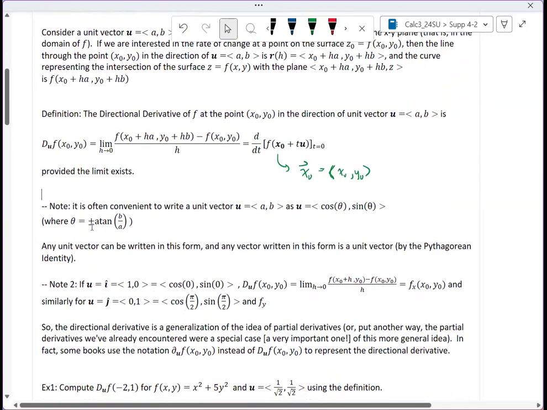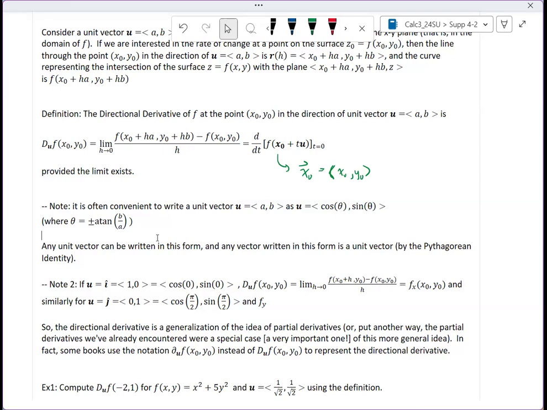Okay, a couple notes on this. First, it's often convenient to write a general unit vector, u equals ⟨a, b⟩, as u equals ⟨cos theta, sine theta⟩. Note that cos theta, sine theta is obviously the representation of the unit circle. So any unit vector, if it has length 1 and points in whatever direction, can be written in this form.